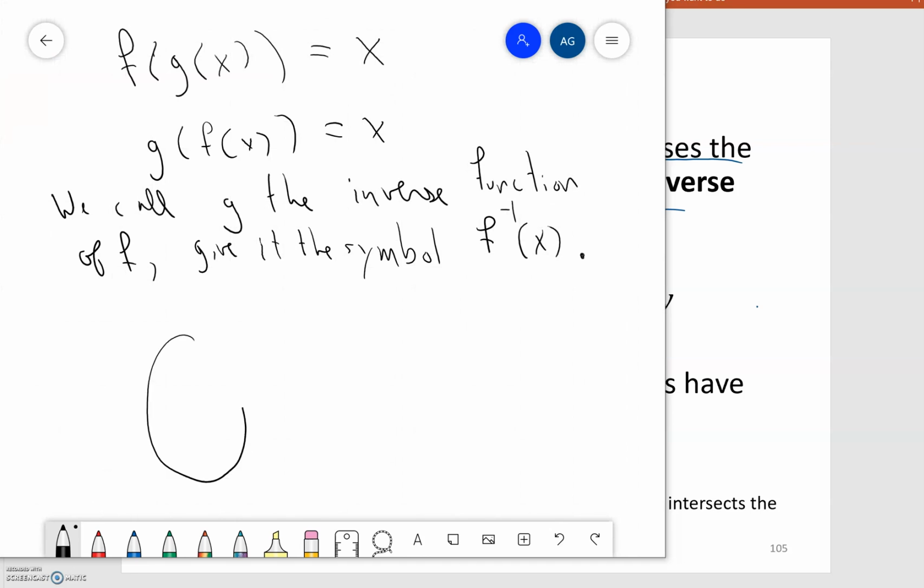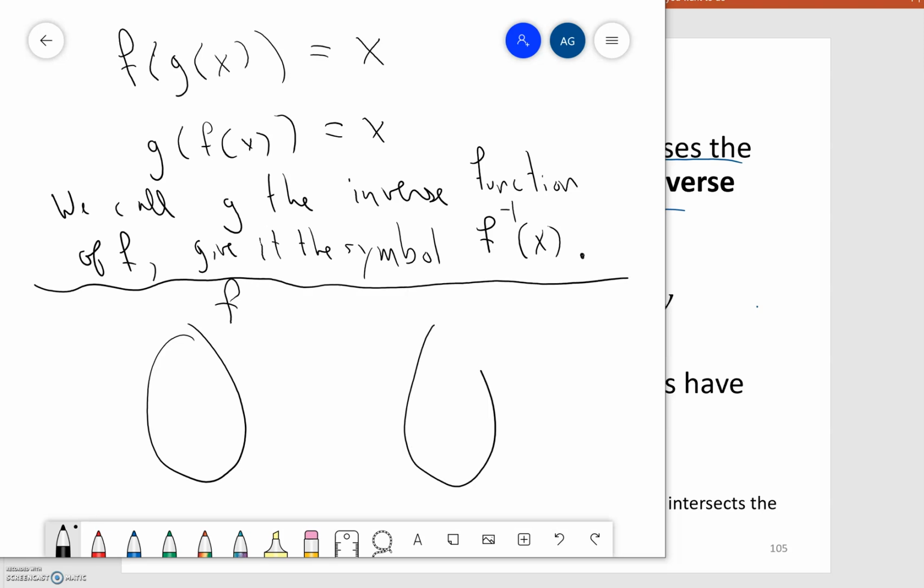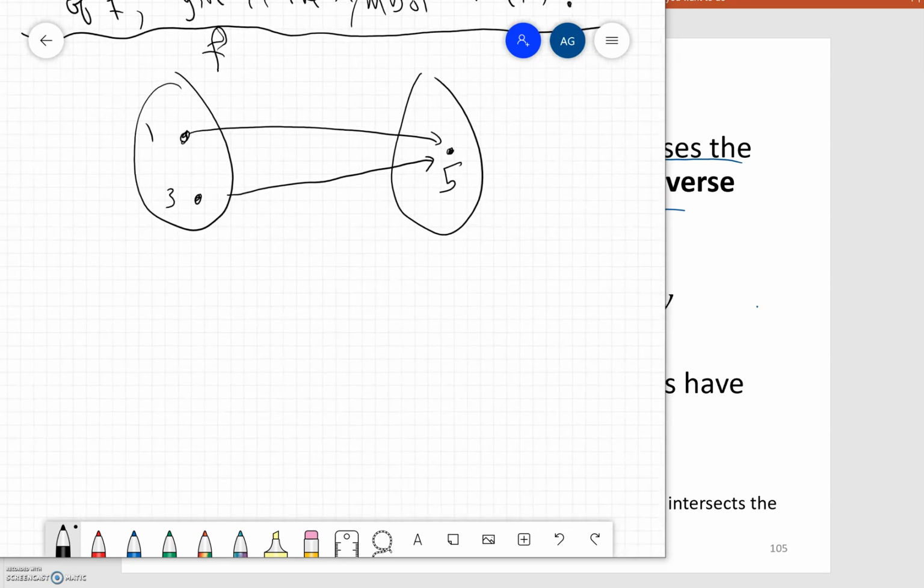Suppose I had a function f. So let's draw kind of a line here. Let's say I have a function f, and this is fine. I have a function f, and it takes two values to the same output. So let's say that's 1, 3, and 5. Okay. So f is fine. f is a well-defined function.